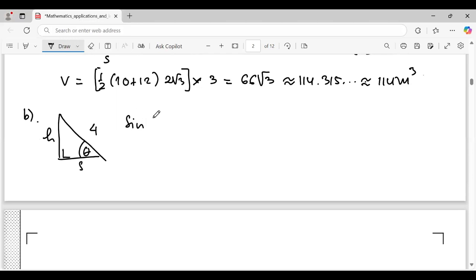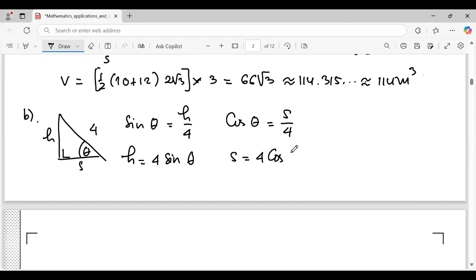So sine theta is h over 4, and h equals 4 sine theta. Cosine theta is S over 4, so S equals 4 cosine theta. It means the top edge equals 10 plus 4 cosine theta.